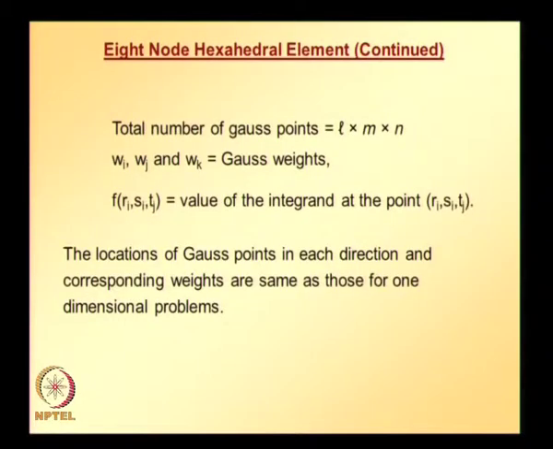That is, if we select 2 integration points along the R direction, 2 integration points along the S direction, and 2 integration points along the T direction, that is a 2 by 2 by 2 integration formula.